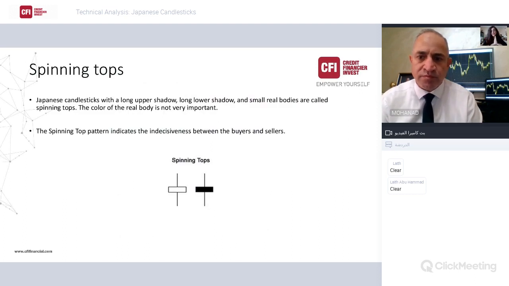So the first basic type of pattern is a spinning top. What does a spinning top mean? We know now that a candle is made up of a body and a tail or a shadow.